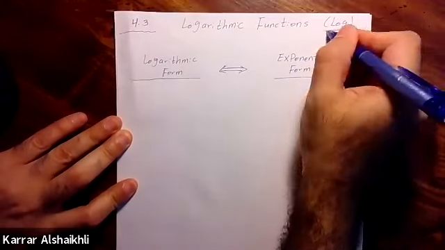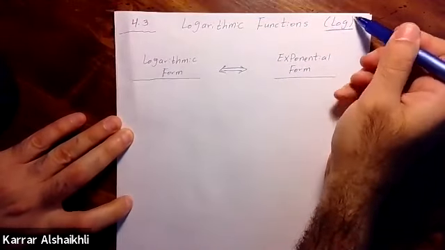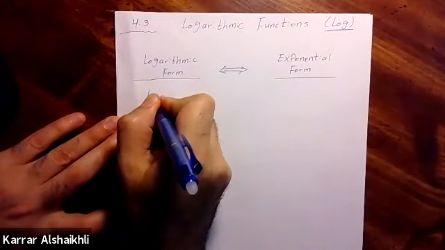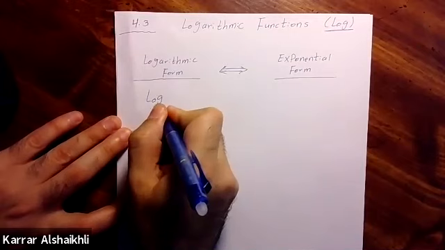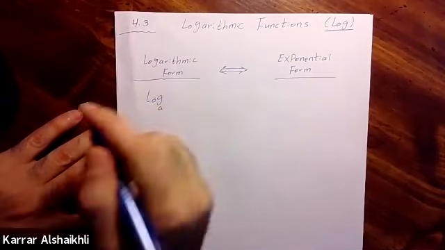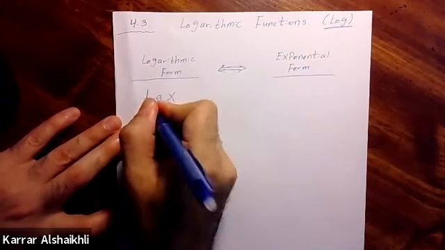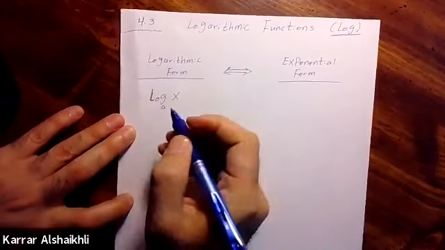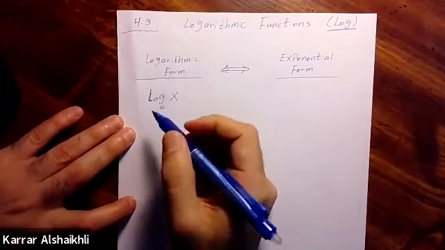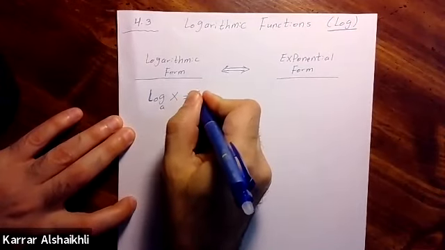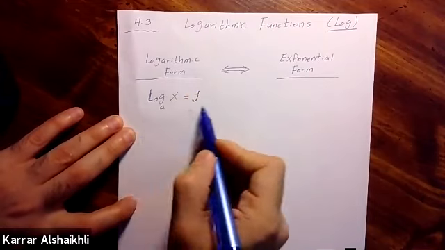You see, that's why I put the sign. This is the symbol for the logarithm. So log to the base a of x, where x is the number and a is a number. So this is the log form: log to the base a of x equals y.